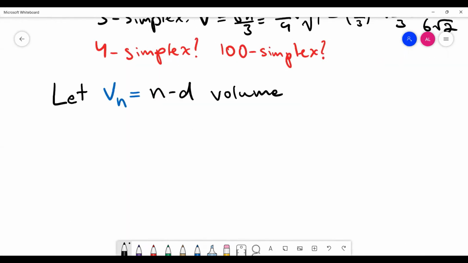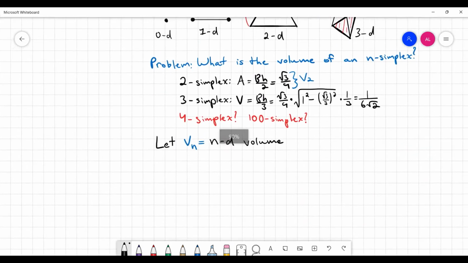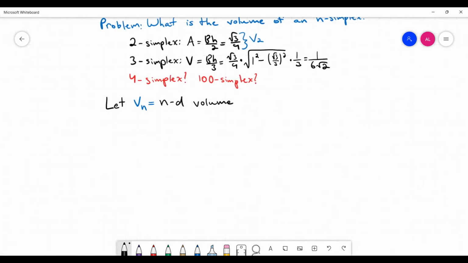And first, we will label some variables as usual. We will let Vn be the n-dimensional volume of an n-simplex. And then, for instance, the 2-simplex volume is V2, and the 3-simplex volume is V3. So essentially, we want to find Vn, and we want to do this in terms of n.